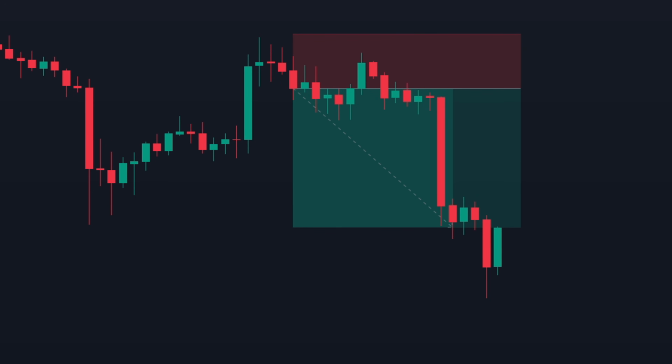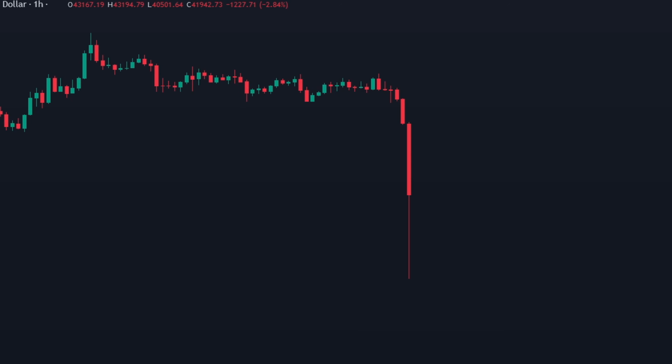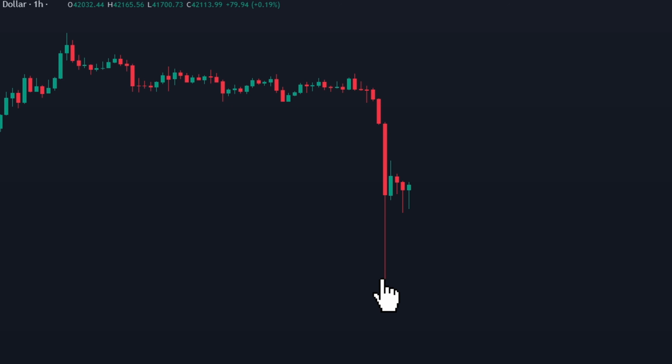Another liquidity type is the wick liquidity. The wick liquidity is often seen by a candle that causes a massive move in price, but then quickly reverses. Later, price will take that wick. The reason is there is the retail trader's stop loss, just to take the trade in his favor after stopping him. There is the wick. We know there is a lot of liquidity sitting below it.